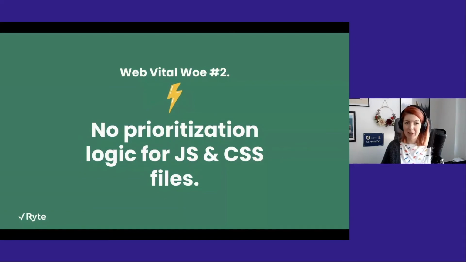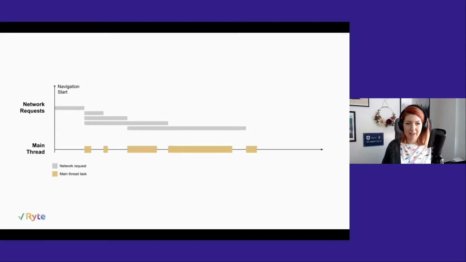My second web vital woe then is there's no prioritization logic for these JavaScript and CSS files. There's no order involved. They're just all being shoved in. They all take up valuable time and space on the main thread. And again, this is slowing down the page load so that we cannot process the user's input again. So just showing you the nice diagram that I like to refer to.